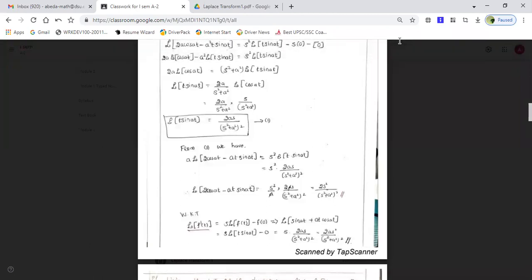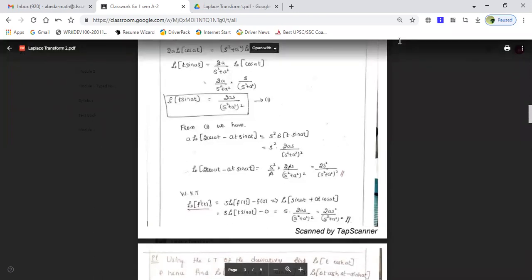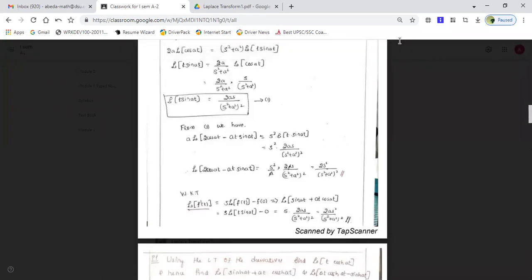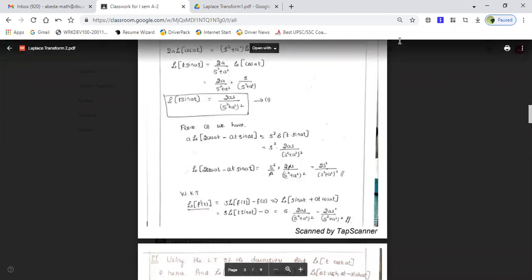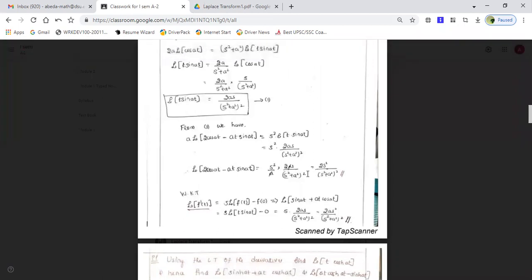That is s square into 2as upon s square plus a square the whole square. So this is equal to s square, this a I am taking to the right side. That is s square upon a into 2as upon s square plus a square the whole square. This a cancels. So what is the final answer? It is 2s cube upon s square plus a square the whole square. So this is how we are supposed to find out the answer.